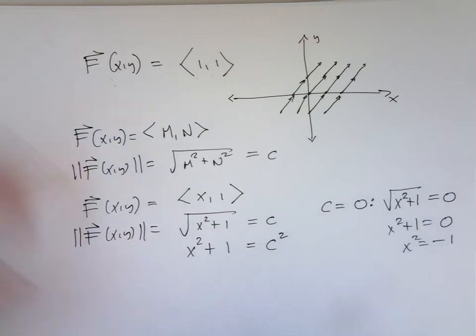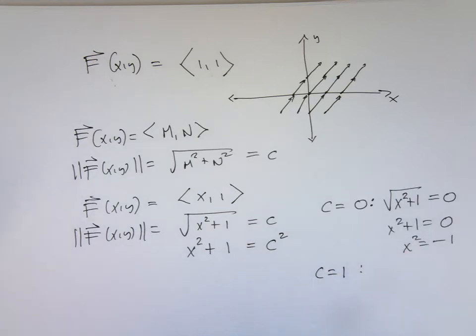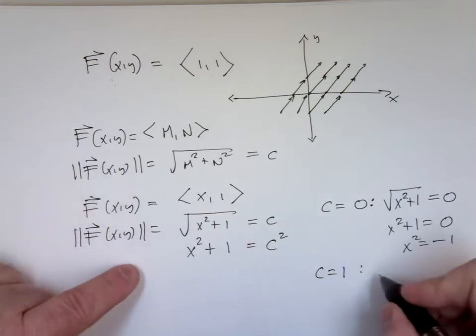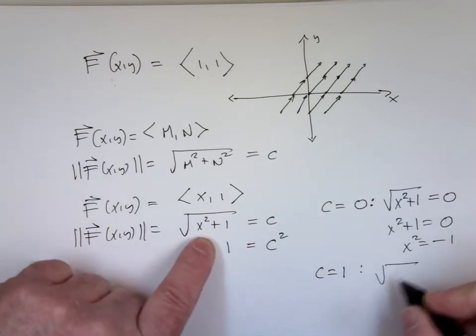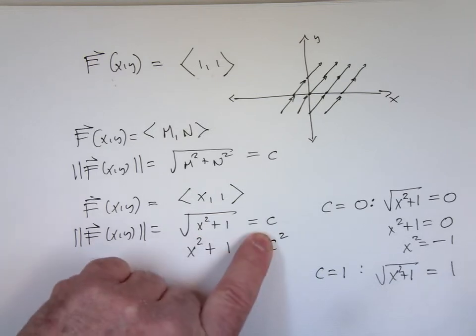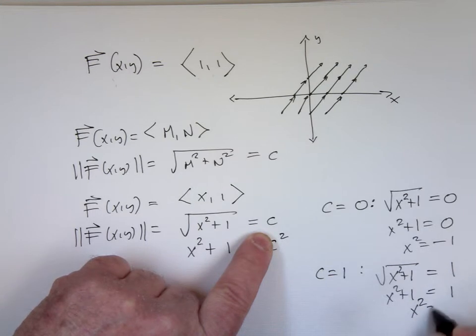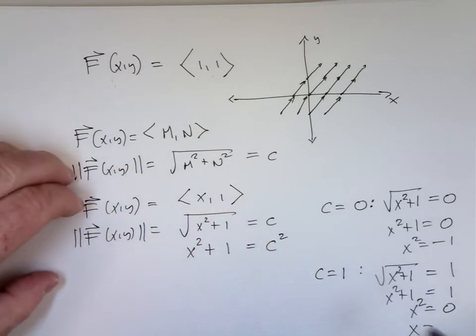Well, there aren't any vectors of length 0. Okay, that's what that tells you. Let's take c equal 1. Let's take all the vectors that have length 1. Well, here's the magnitude, square root of x squared plus 1. Set that equal to 1, square both sides. So x squared equals 0, and x equals 0.